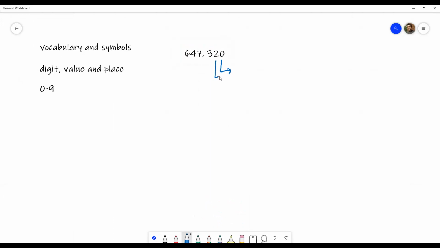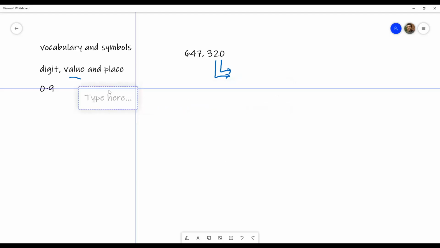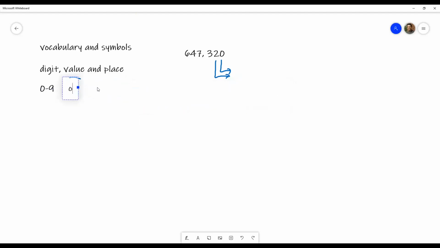And what is the value of this? Tens. Correct. So as you can see, I said, what is the value of this digit? And you said ones. What is the value of this digit? And you said tens. So there goes the value. You see? So the values are named as ones, or tens or hundreds, something like that.